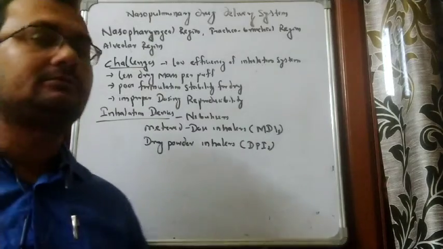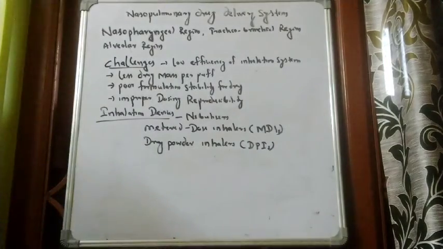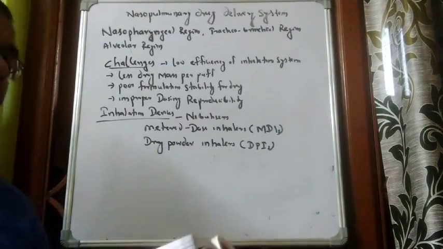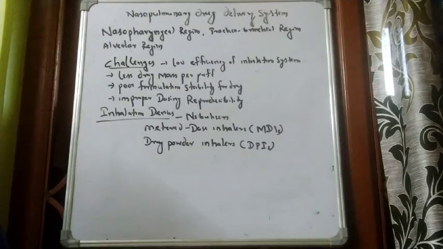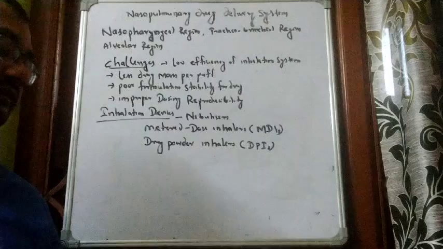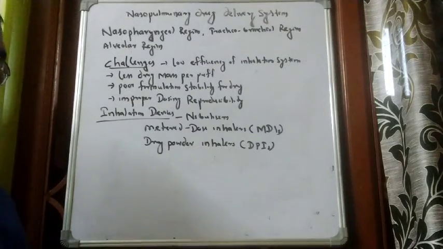If we discuss the anatomy of the lungs, generally there are three regions divided for the drug delivery system. One is the nasopharyngeal region, or NP region. Then the tracheobronchial region, or TB region, and the alveolar region, which we call the A region.